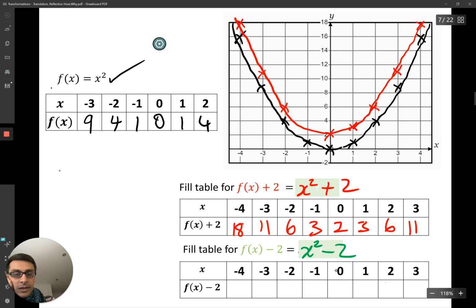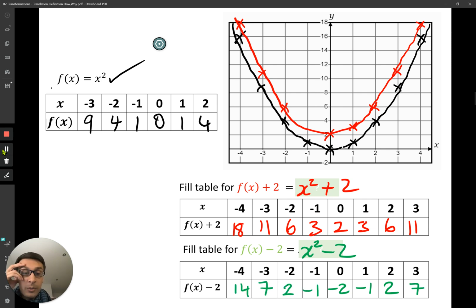So 0 squared minus 2 is going to be negative 2. 1 squared minus 2 is negative 1. 2 squared is 4, 4 minus 2 is 2. Okay, so I've filled out the table here, and I'm going to plot the points and we'll see what happens.